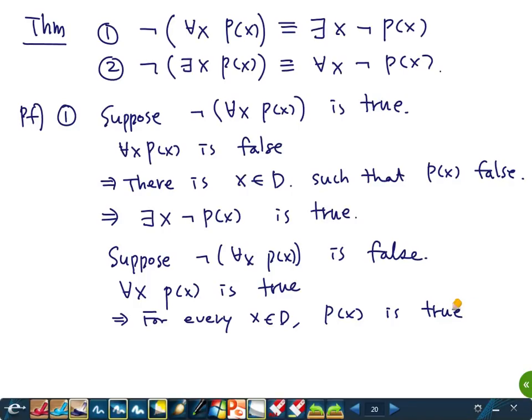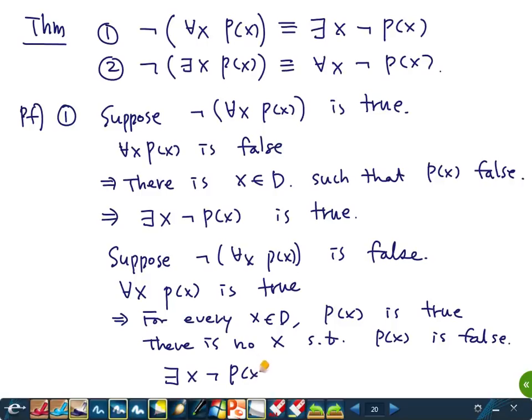That means there is no x such that P of x is false. I just rewrote this. But that means it is not the case that there exists x with P of x false. Because this means this is false.